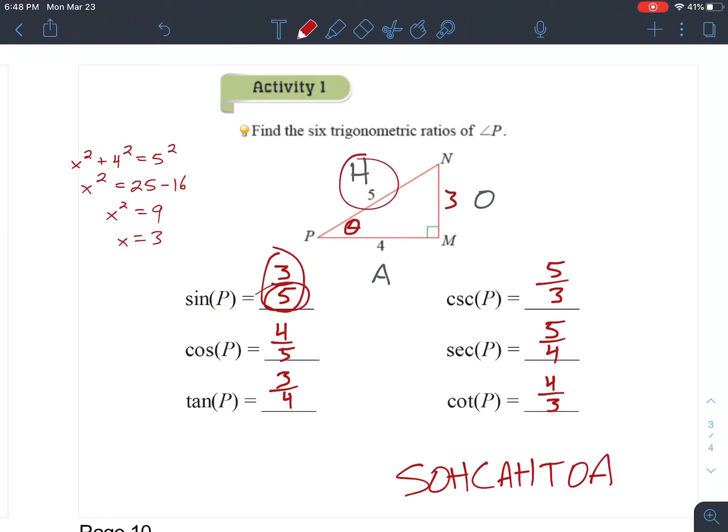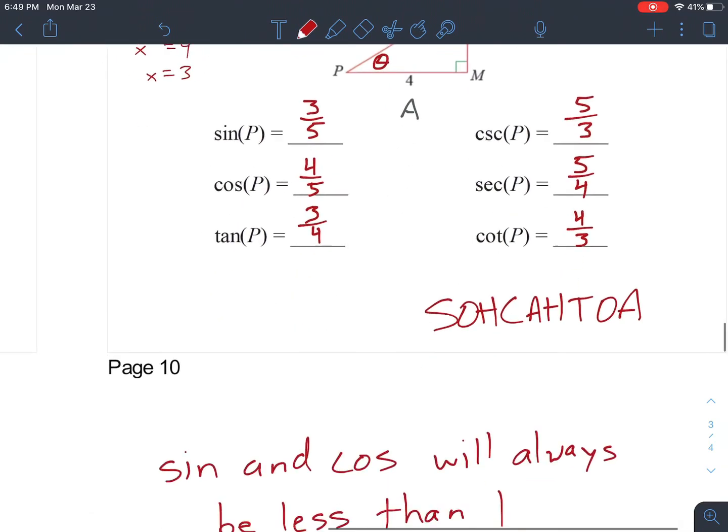And we know that the hypotenuse has to be the longest side in a triangle. So that means then that our other two sides always will be less, which means then that this fraction will always be a fraction with the smaller number on top and the larger number on bottom. The same is going to be true for cosine.